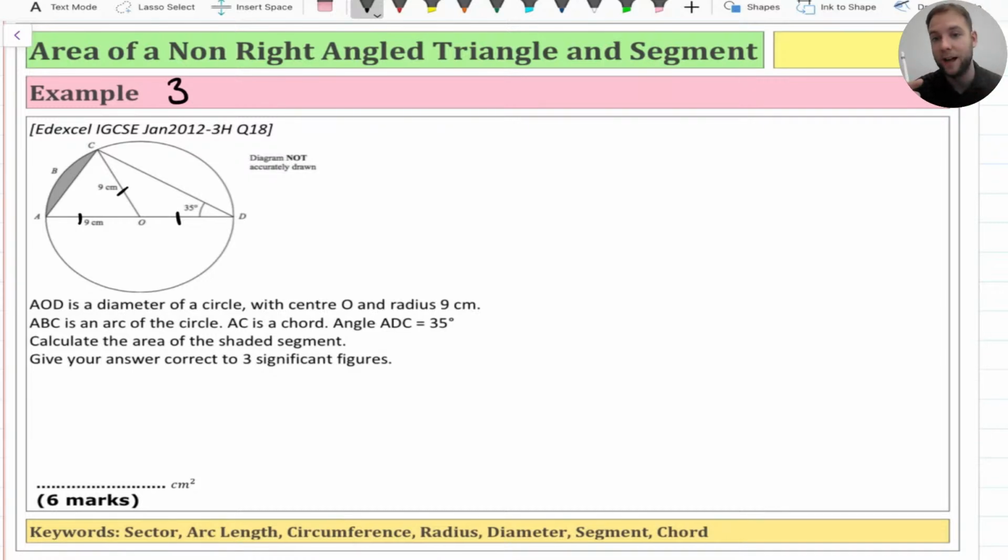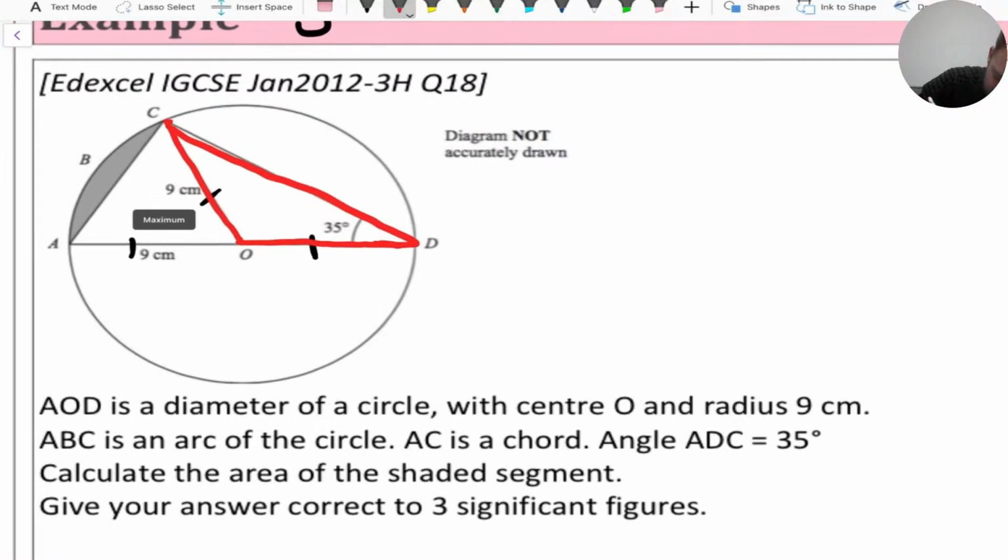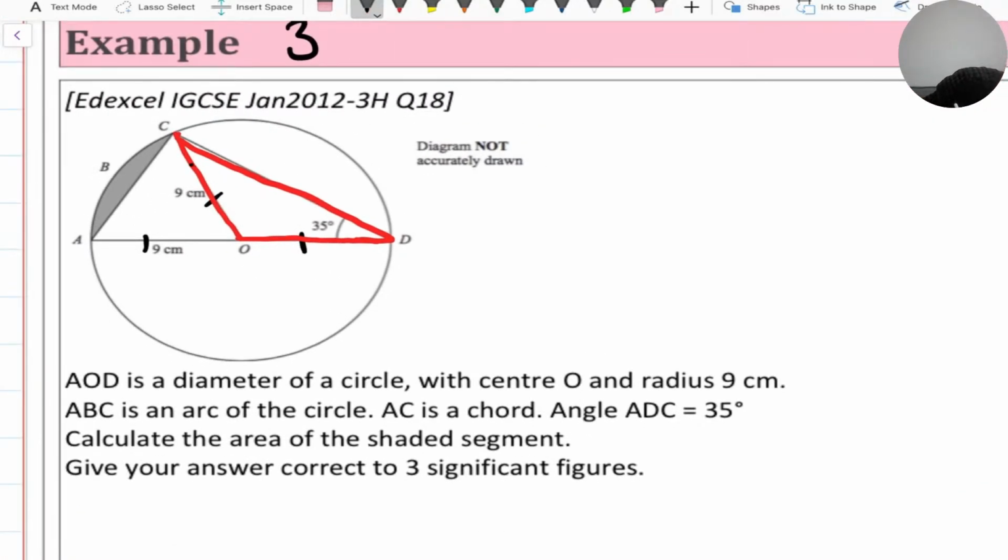However, I have got a triangle in this one on the right. Because these two here are radii, this triangle here is an isosceles triangle, which means that this angle here is also equal to 35 degrees.